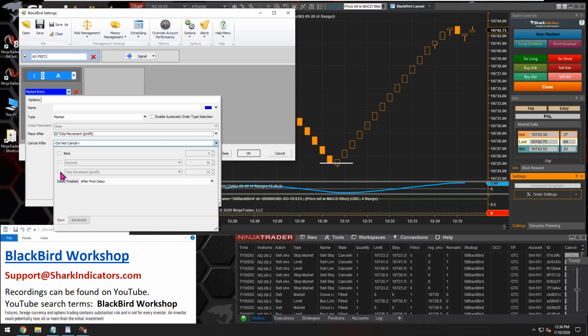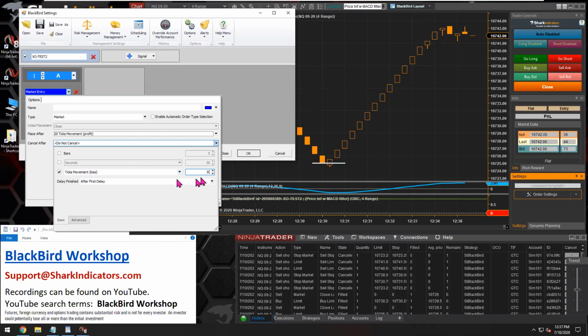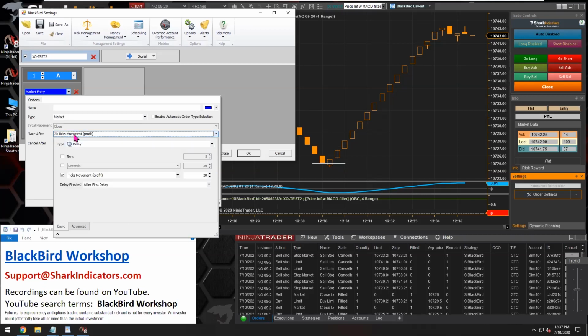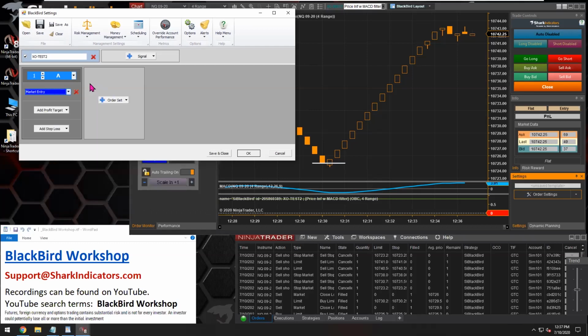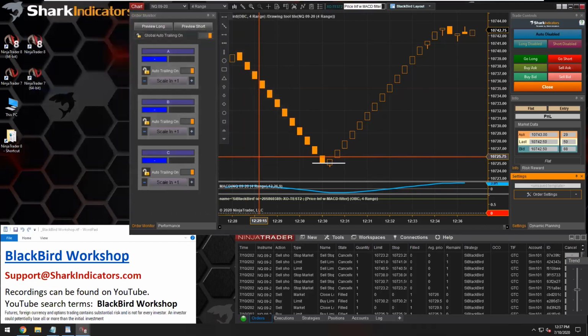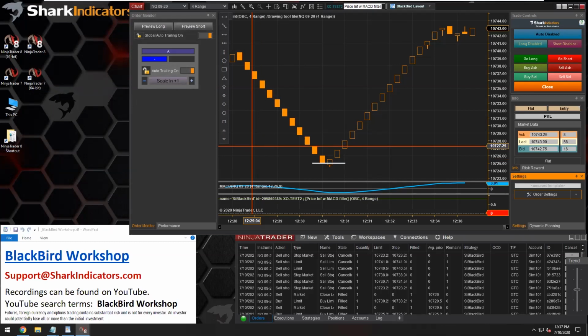So let's do ticks of movement in loss. And you want to do 30 ticks. Okay, so we'll make the cancel 30 ticks in loss, and we'll make the placement 30 ticks of profitable direction. So, all right, there, that should do it.